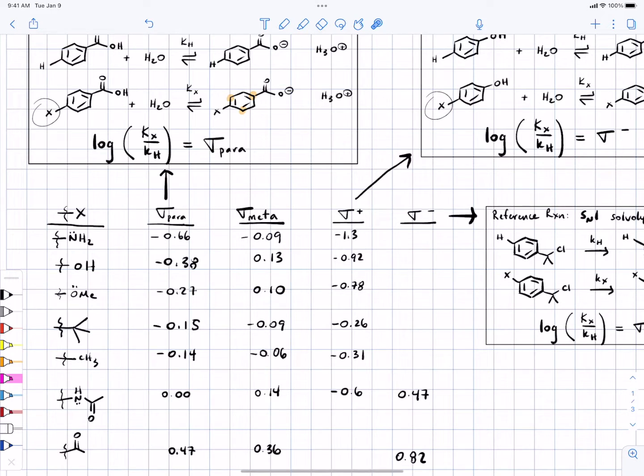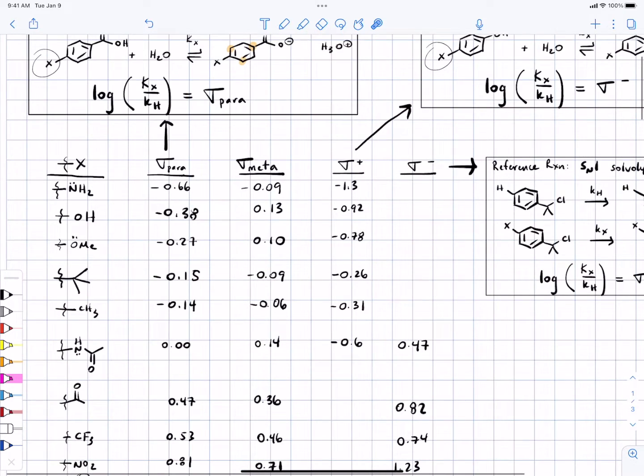So there's this trade-off between resonance donation and inductive withdrawal. It's nice that this lines up with some of your intuition derived from studying electrophilic aromatic substitution.